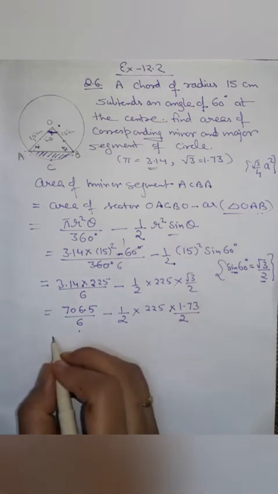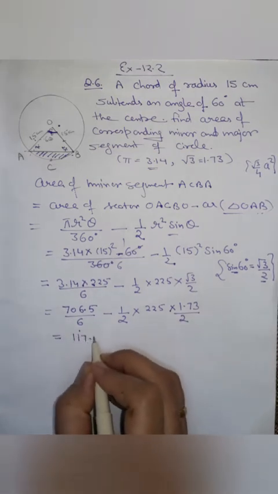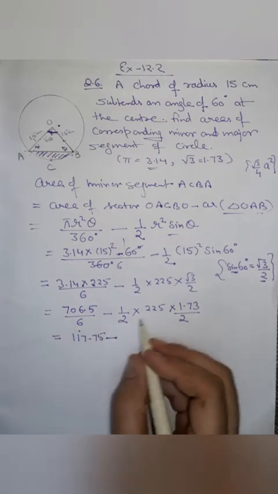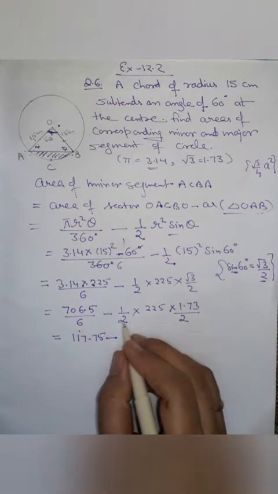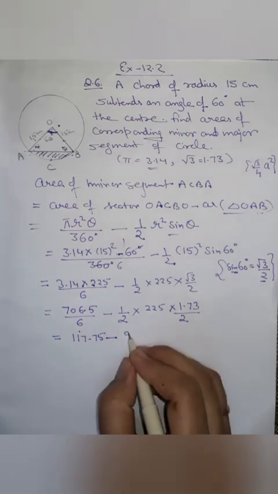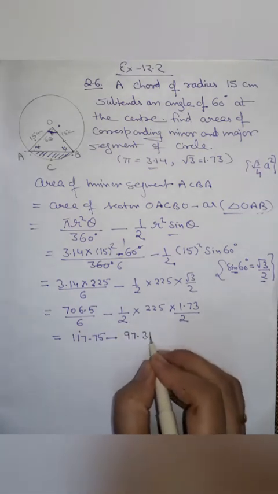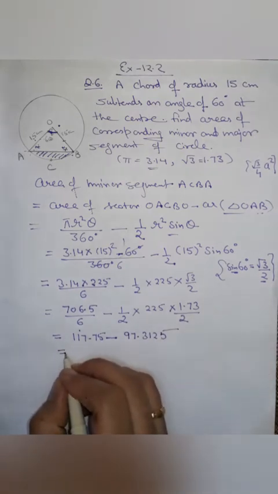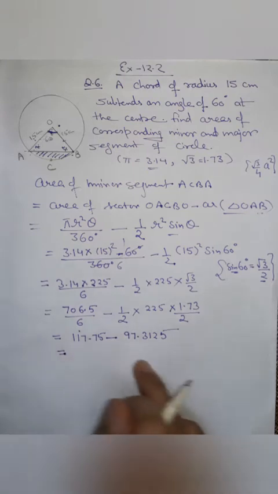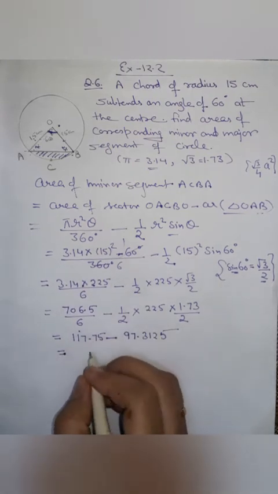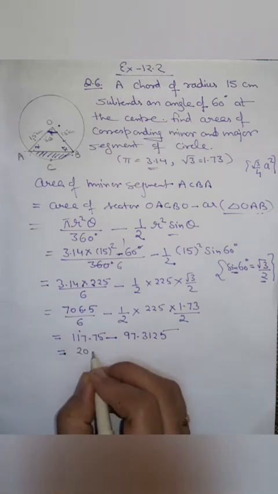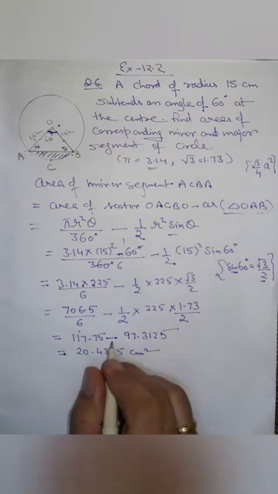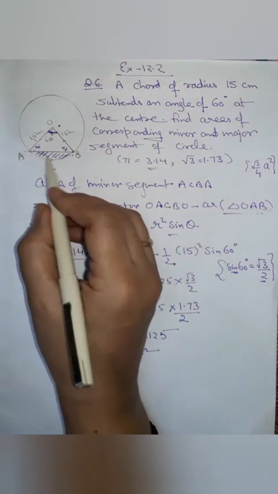Now if we solve this, we will get 117.75 minus, and after cancelling and solving, we get 97.3125. Now after subtracting, the final answer is that area of minor segment will be equal to 20.4375 centimeter square. This is the area of minor segment, meaning this portion.